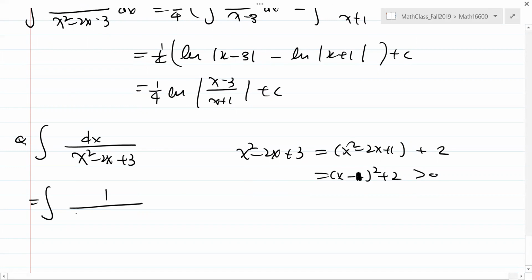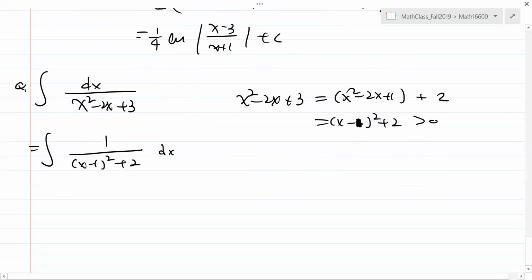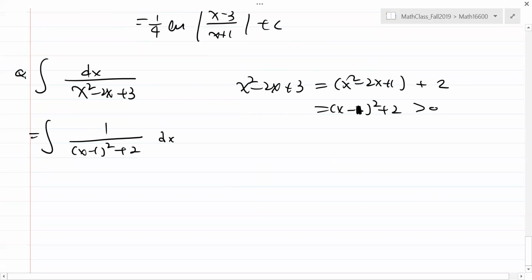So you get the integral of 1 over (x minus 1) squared plus 2 dx, right? And I cannot decompose, since I cannot write x squared minus 2x plus 3 as a product of two linear factors, I am not able to decompose these fractions into the sum of simple fractions. So what I have to do here is use substitution.